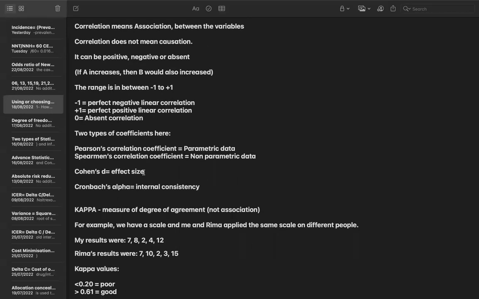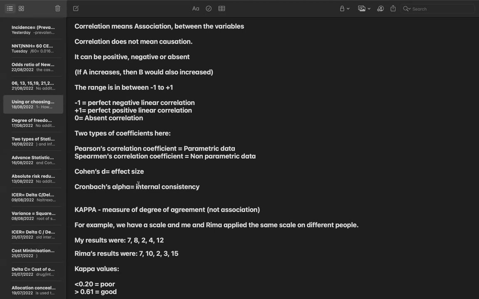So in correlation test, we have two types of correlation coefficients: Pearson's correlation coefficient and Spearman correlation coefficient. What is Pearson's correlation coefficient? It is used when we have a normal distribution, a parametric data. Spearman's correlation coefficient is used when we have non-parametric data.